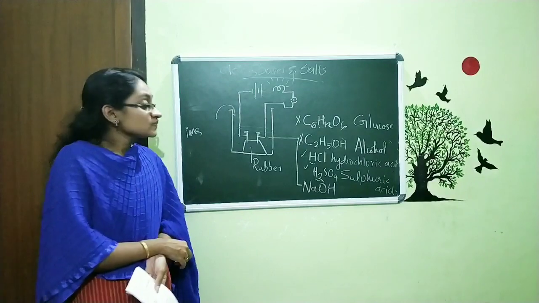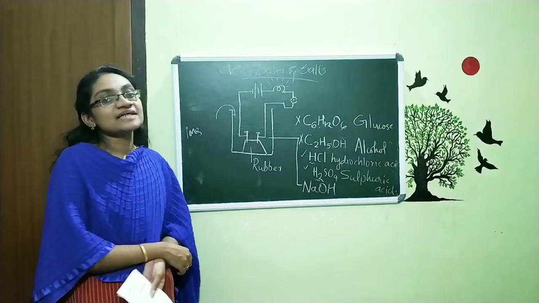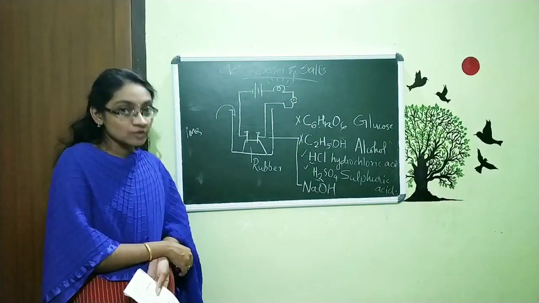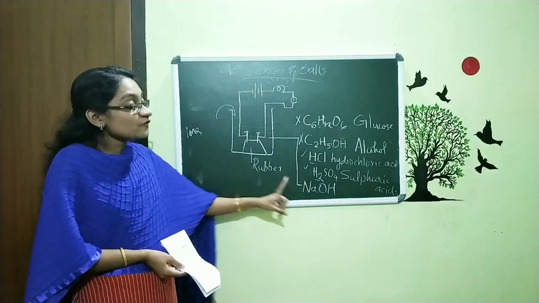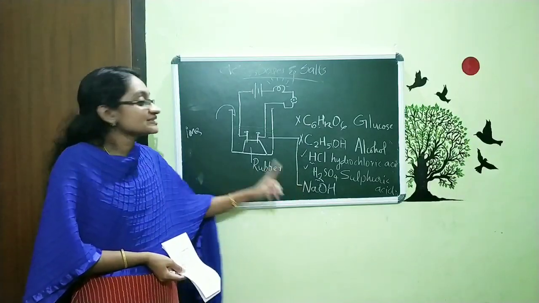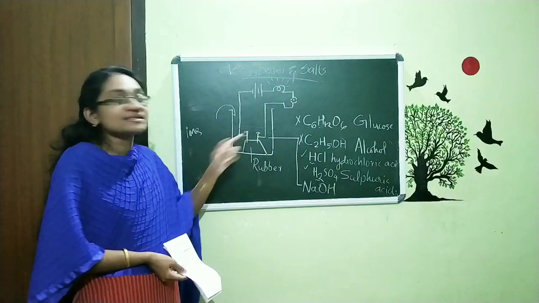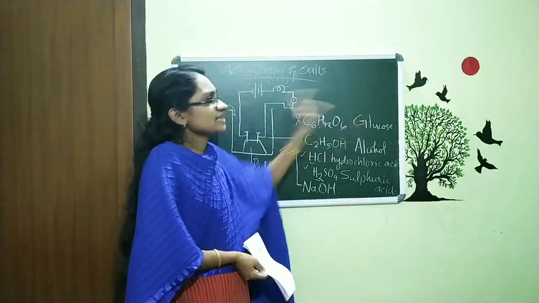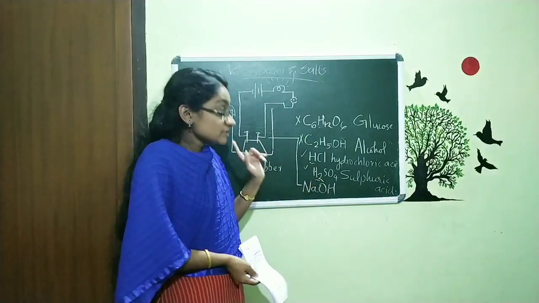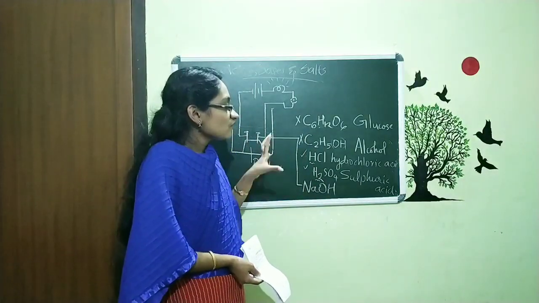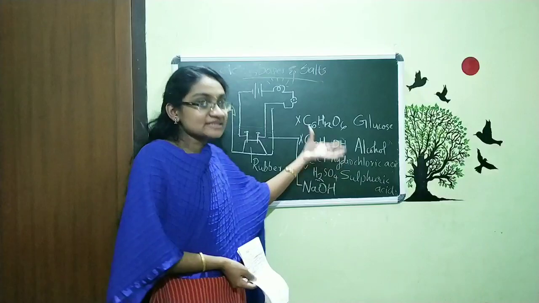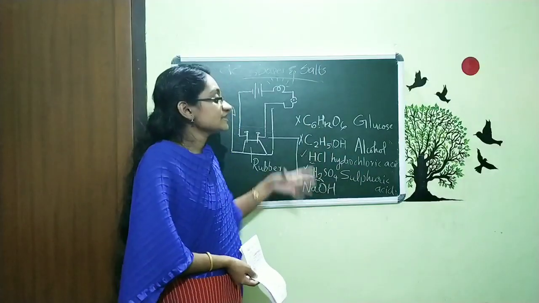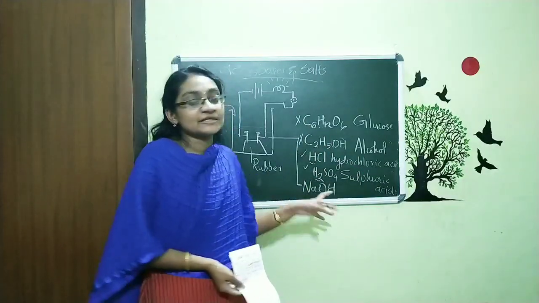At that time also you can see that the bulb is glowing. So we can say for the base also there are free ions present. And glucose and alcohol are neither base nor acid, and that's why they have no free ions. So we want to check what ions are present in acids and what type of ions are present in bases.